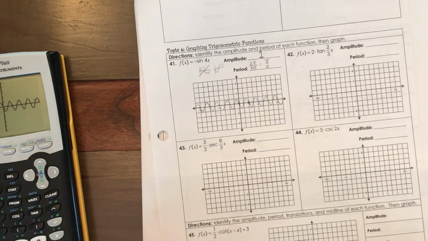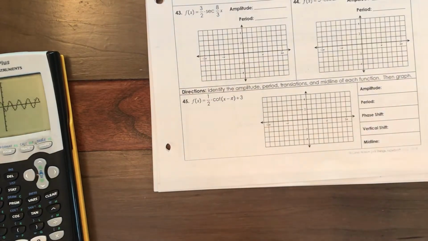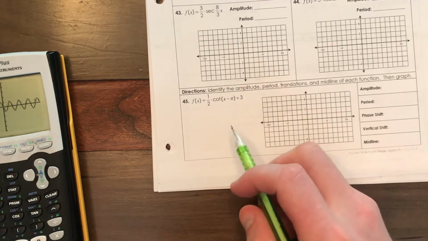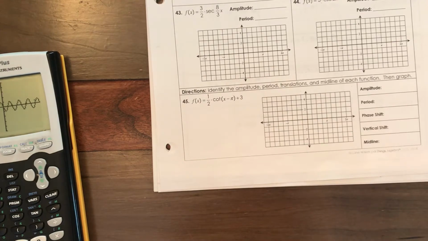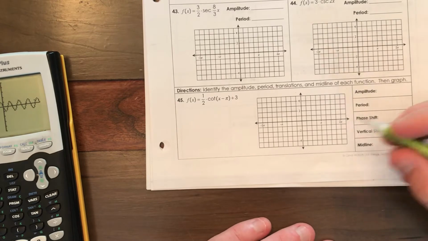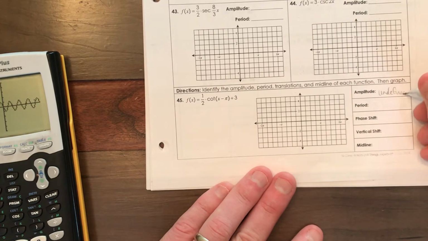So now let's jump over to something that's a little more complex, where we have some shifts and translations that we're dealing with. So for number 45, we have 1/2 cotangent of x minus pi plus 3. First, let's get all our characteristics. Remember, any reciprocal function is going to have an undefined amplitude.